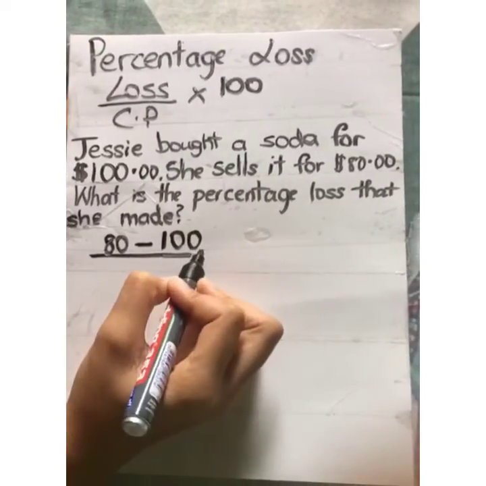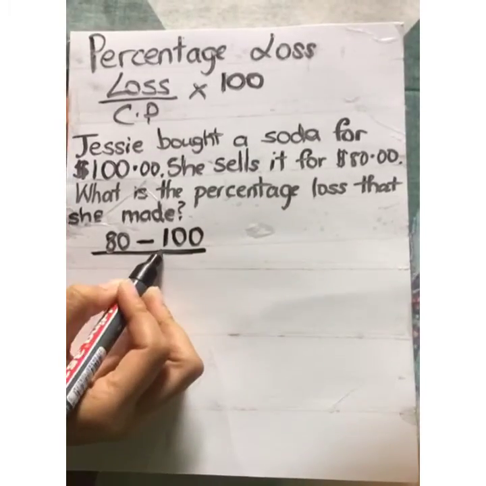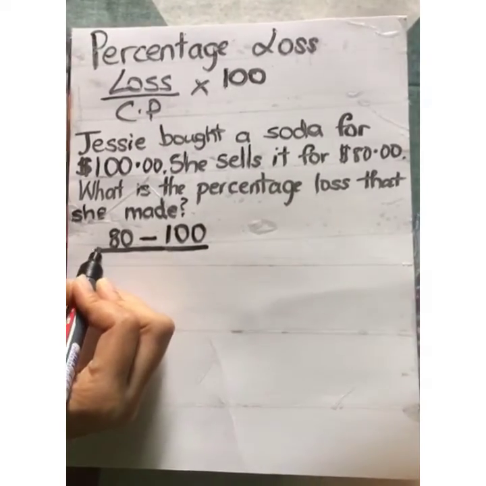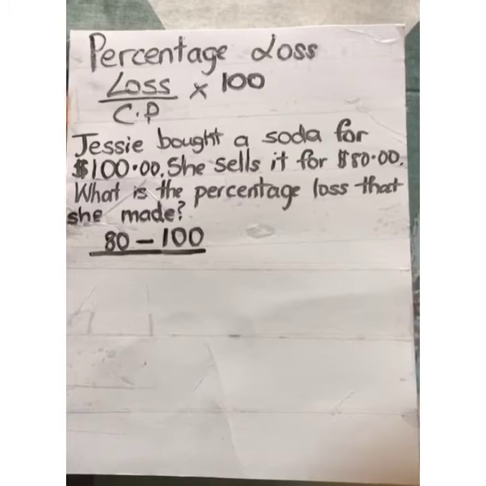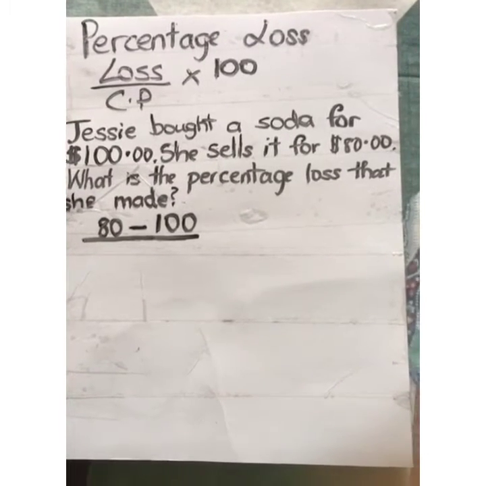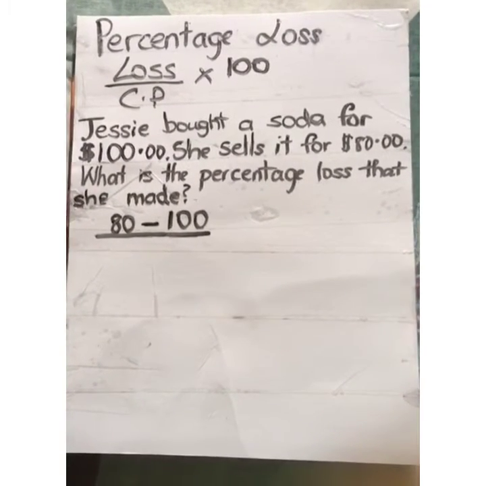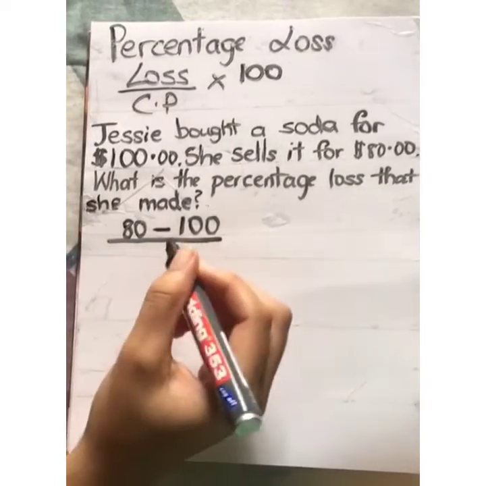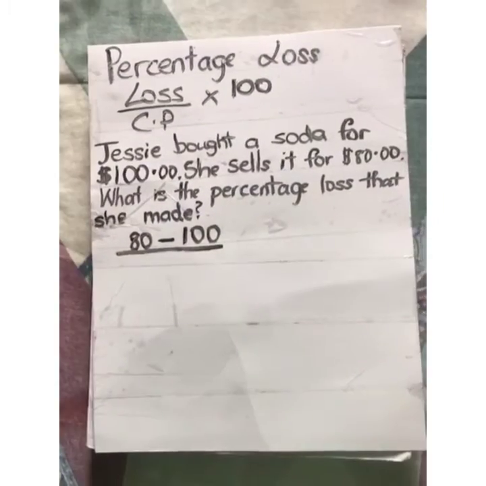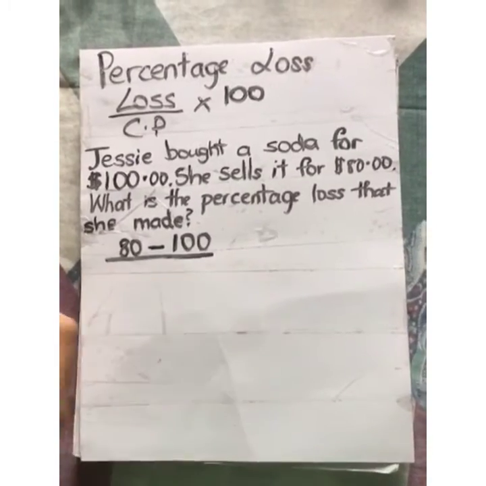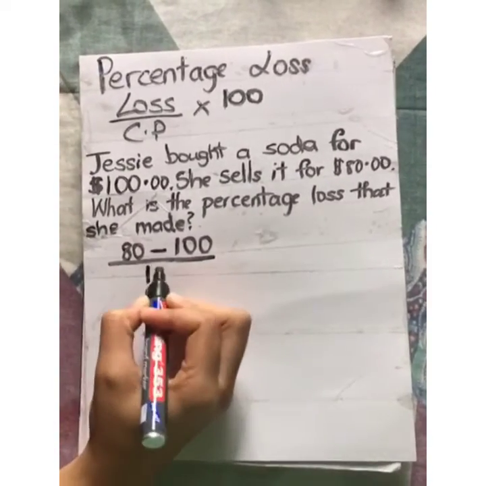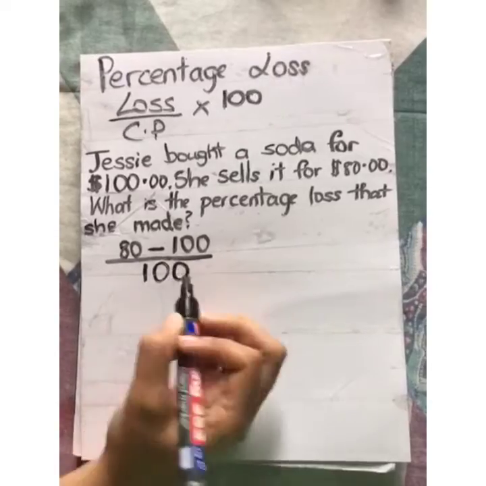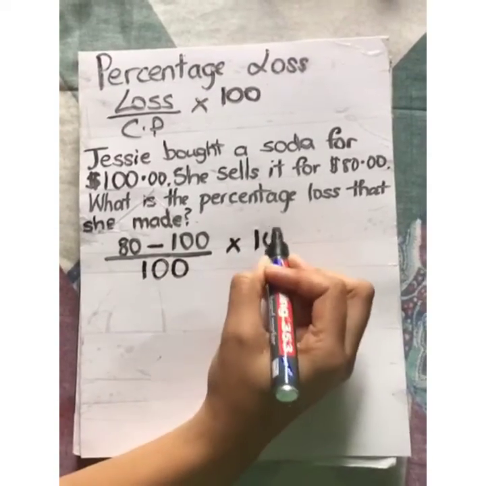Remember, the selling price is the price that the customer or consumer sells an item for after they have purchased it, and the cost price is the price that the consumer bought or paid for the item. So we have 80 minus 100 divided by 100, which is the cost price, multiplied by 100.